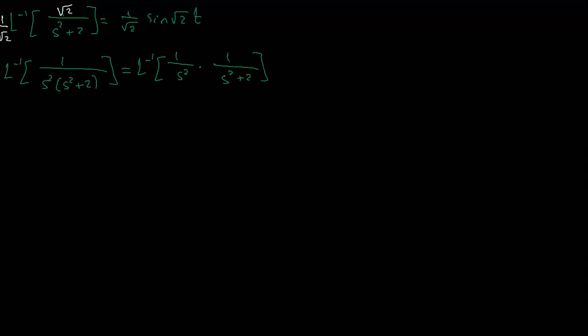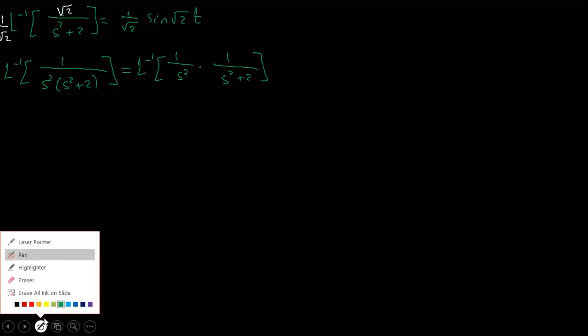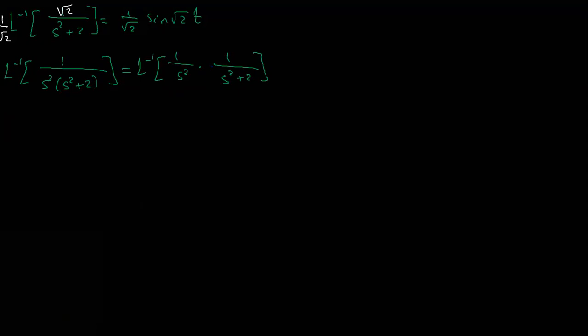Now I can deal with this product as F capital and G capital. So here, this is my F capital, and this is my G capital. I remember the rule, I must write F small convolution G small. Where is your F small? It's t, the inverse of this.